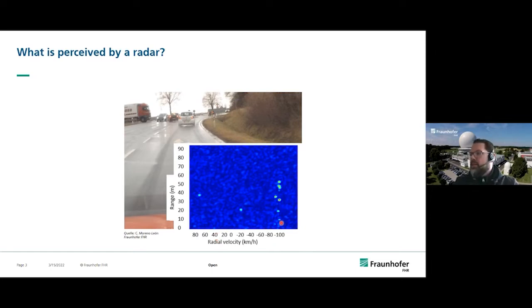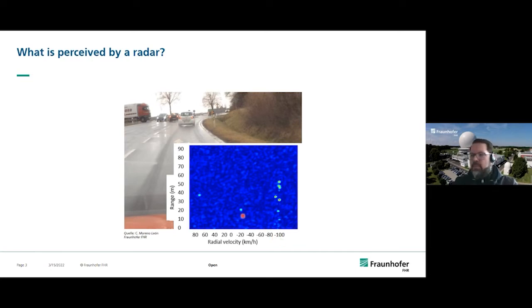And so you see here some reflections. These are these dots here in green and in red. And these are actually the reflections from the environment. These can be these delineators here. This can be some of the ground or some of the bushes or some of the vehicles. And we see that we are currently driving with a speed of 100 kilometers per hour.